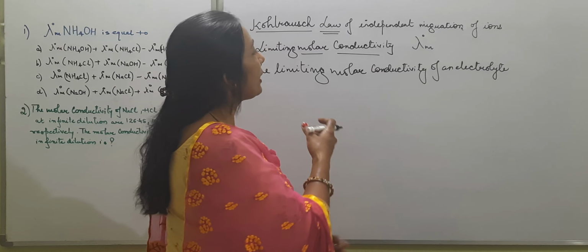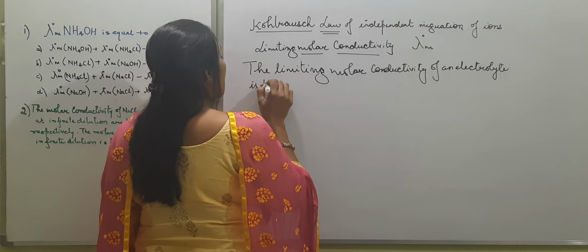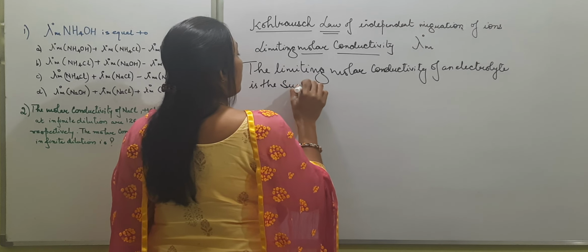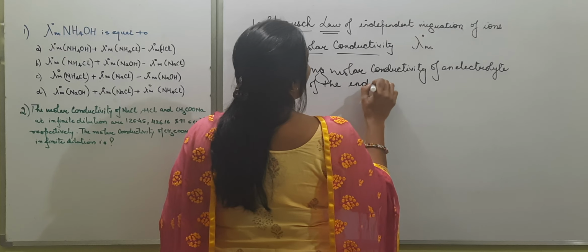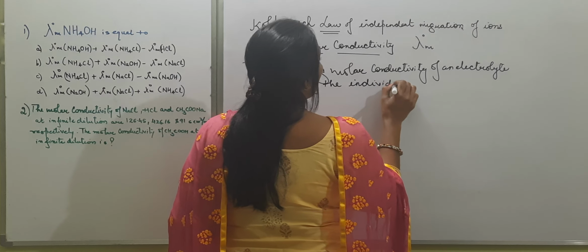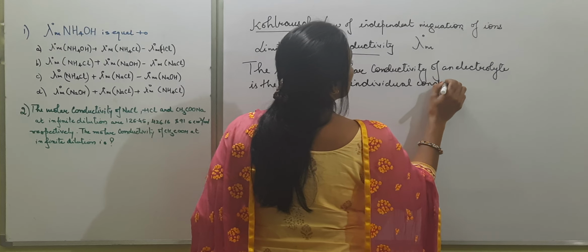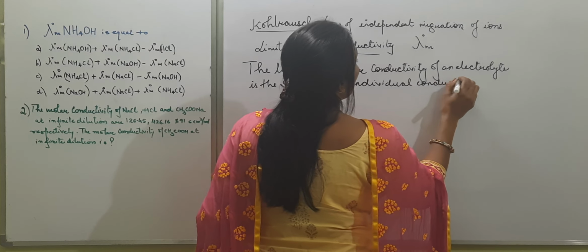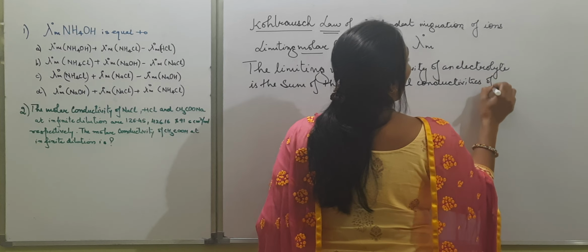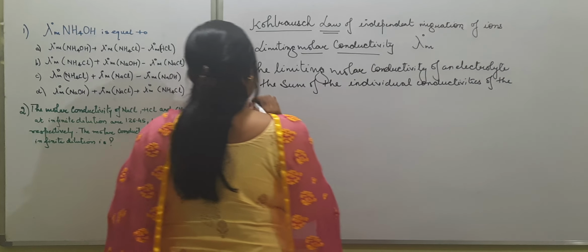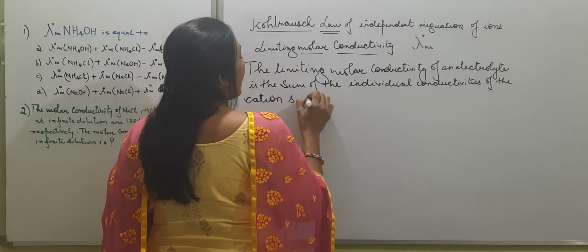So the limiting molar conductivity of an electrolyte is the sum of the individual conductivities of the cation and anion.